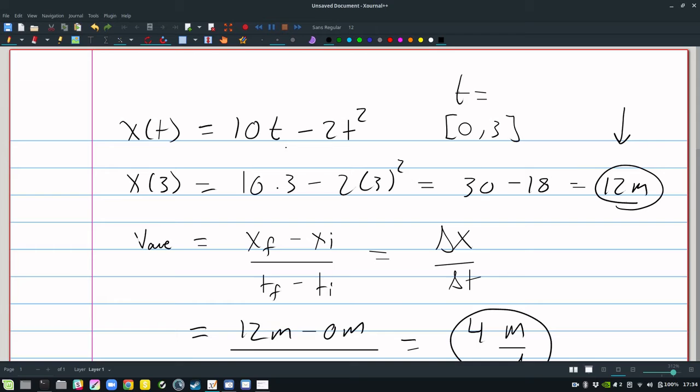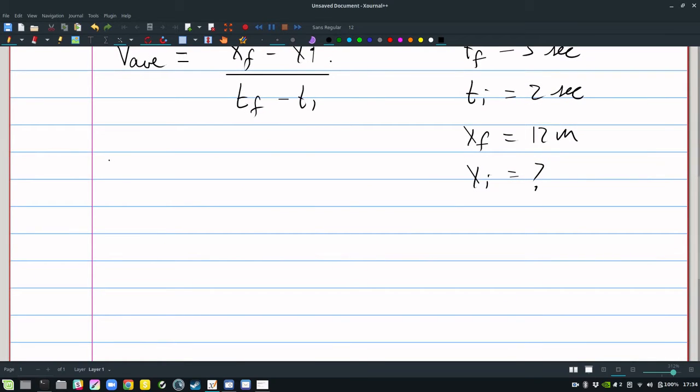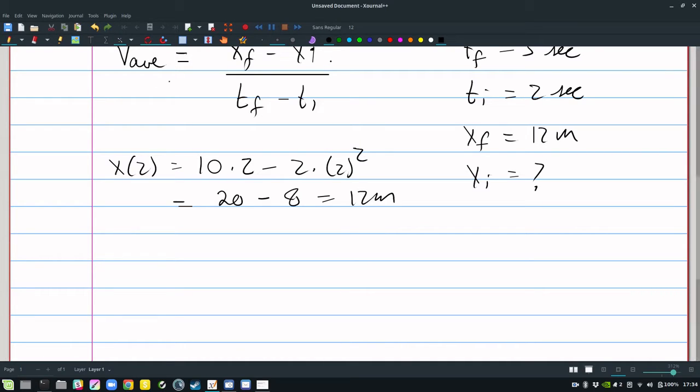Well, we would get, let's copy the formula down here, x of 2, that's 10 times 2 seconds minus 2 times t squared, but if t is 2, then we'll find 20 minus 2 cubed is 8, so 20 minus 8, that's actually 12 meters.